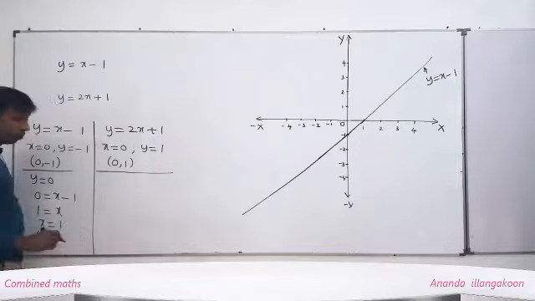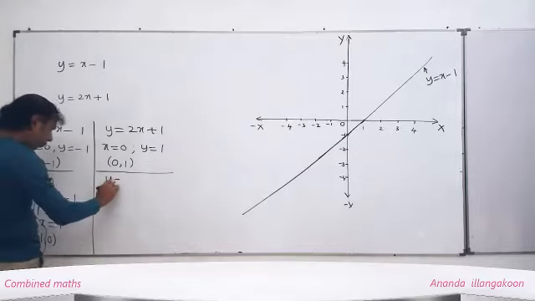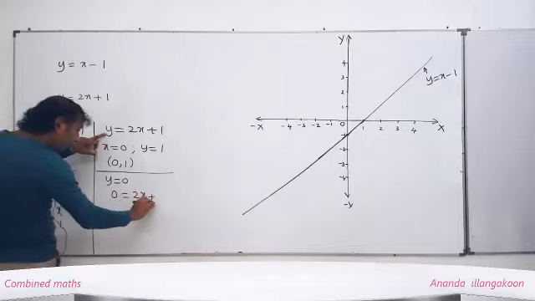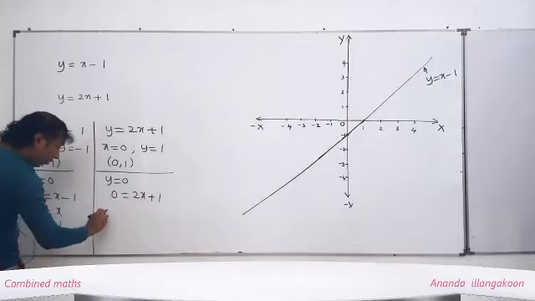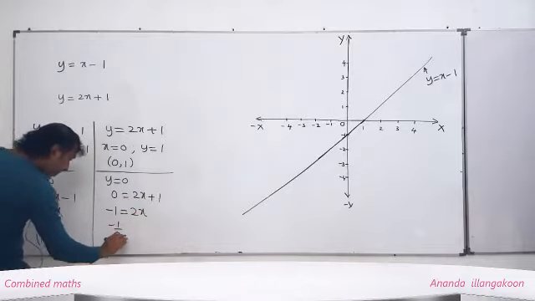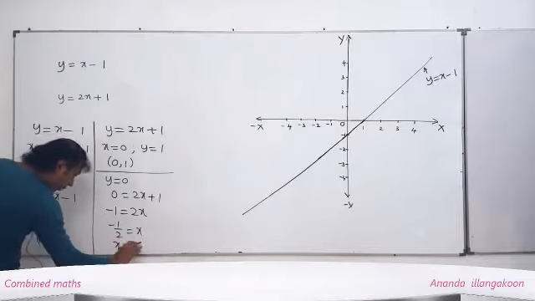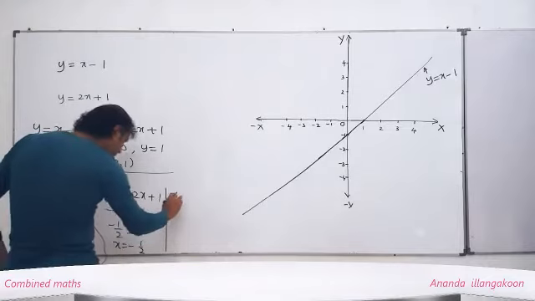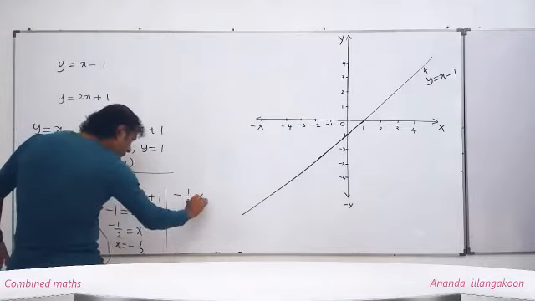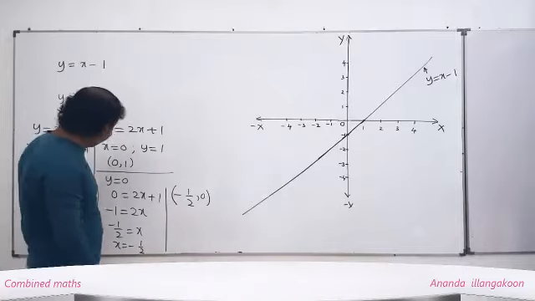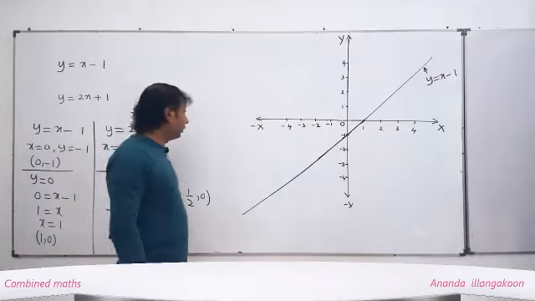Put y equals 0: 0 equals 2x plus 1. Then bring this 1 to the left hand side: minus 1 by 2 is x. Then x is minus half. Then what is the other point? The point is (-1/2, 0). (0, 1) is the first point.